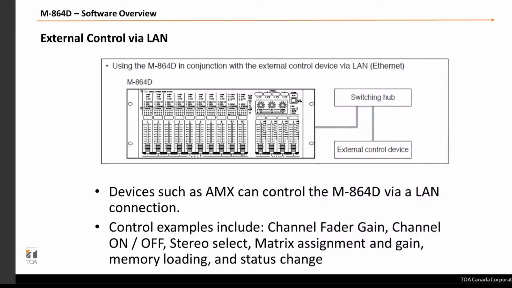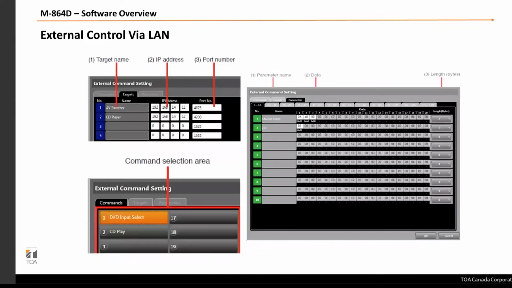Like calling up a scene from an AMX panel or raising up a volume on a particular output or on a particular input. Those are all controls available to us from the network protocol control.